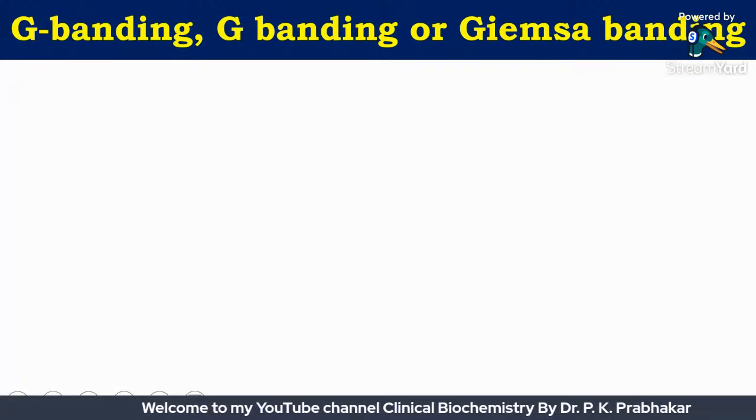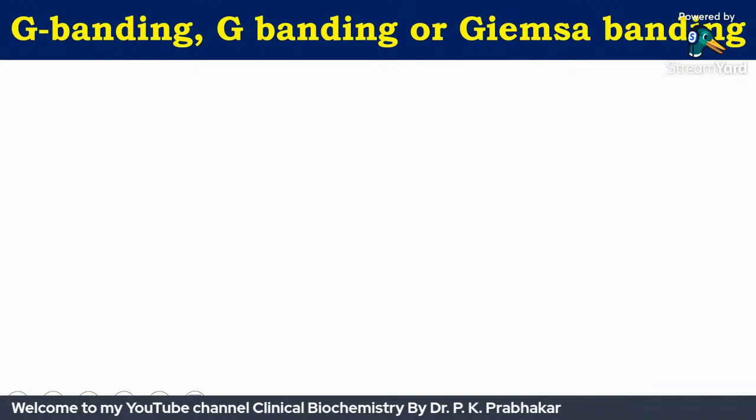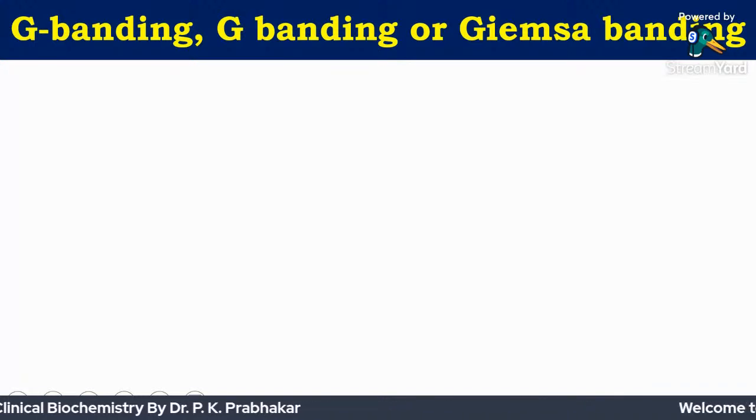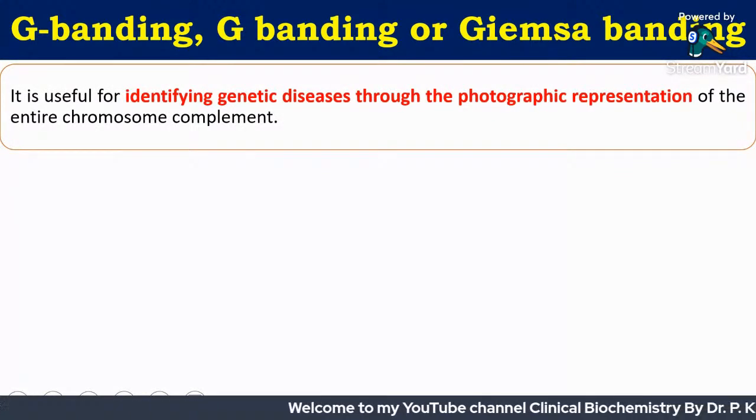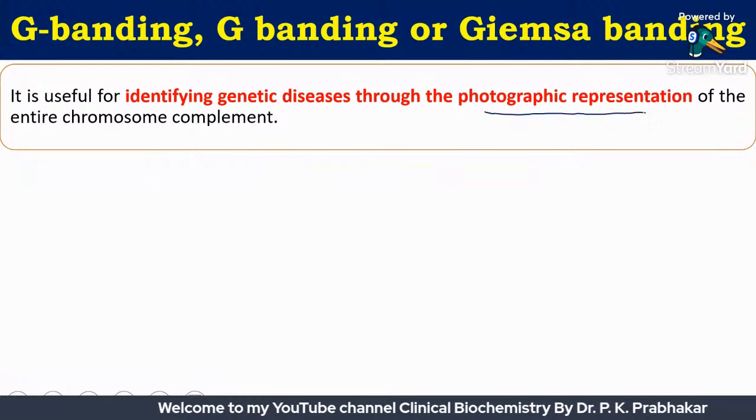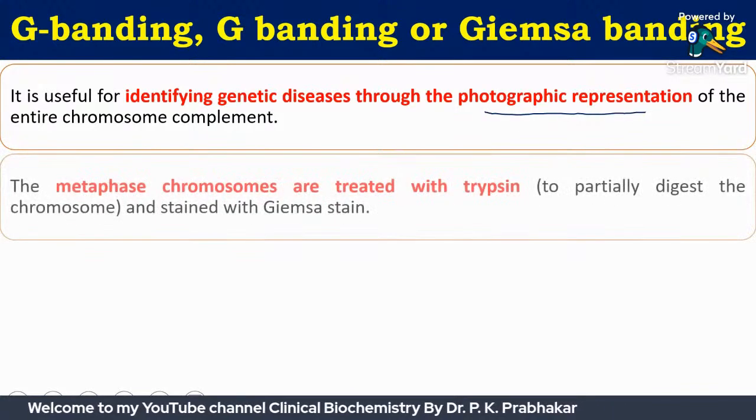Why GTG banding? Because in this case, first we are going to use trypsin and Giemsa, so it is called GTG banding. This GTG banding or Giemsa banding is useful for identifying genetic disease through the photographic representation of the entire chromosome.